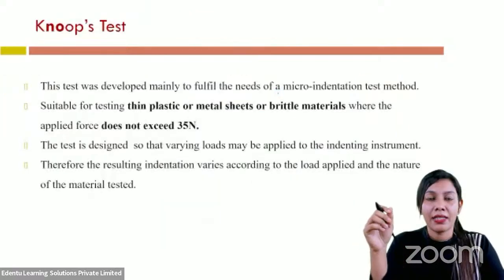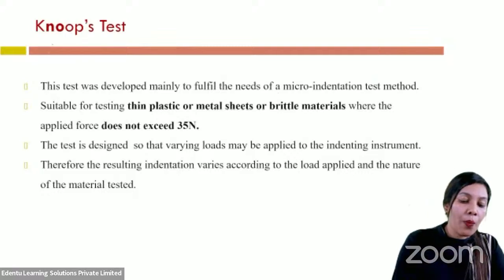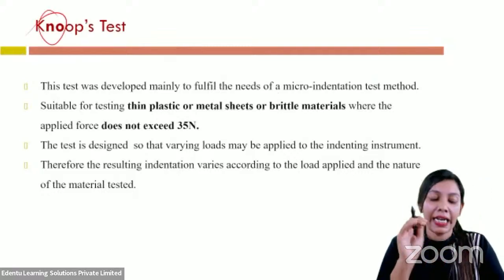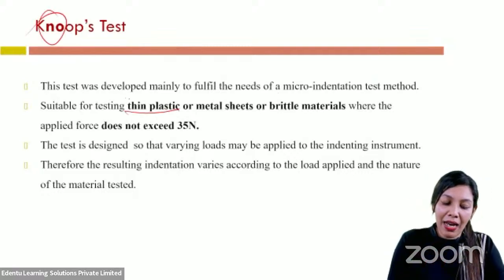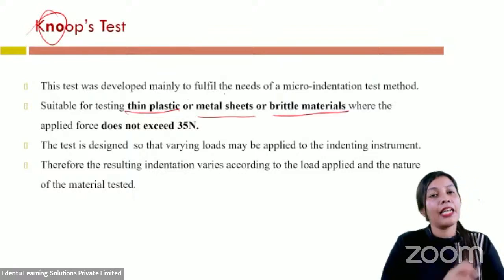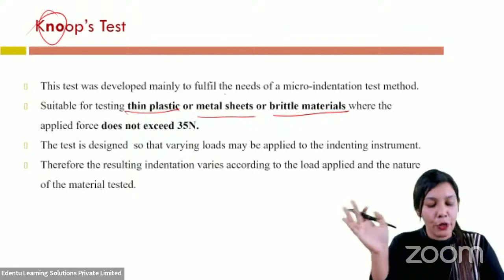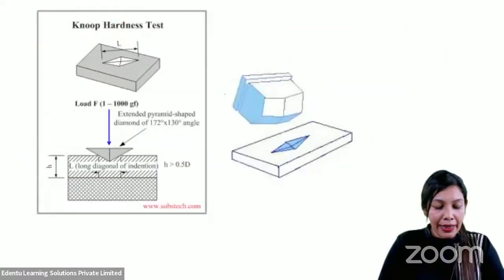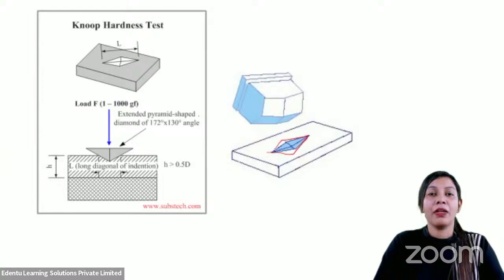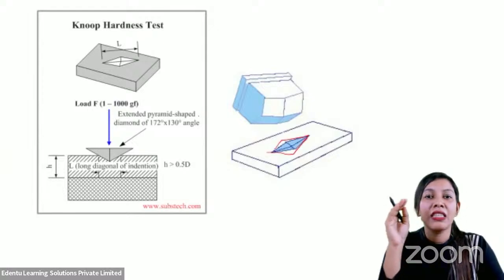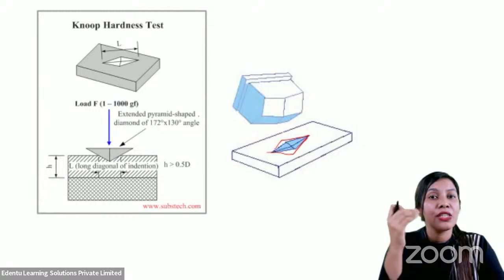Next is Knoop test. Knoop test, as the name suggests, no. It doesn't say no to anything. It helps in the calculation of thin plastic, metal, brittle material, everything. The hardness of every material is calculated by Knoop test. And the shape of this indenter is almost a pyramid, diamond shape. So the shape of the tester is very important to keep in mind.